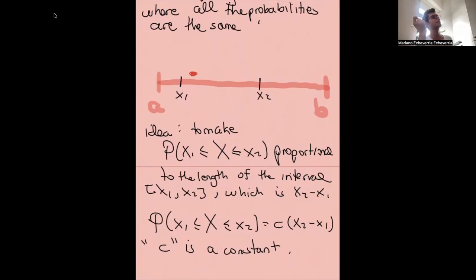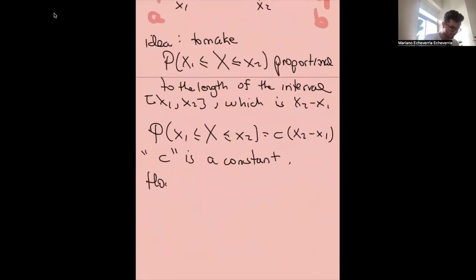So the first thing you have to ask is how would you find this constant. This is where we do need the interval to be finite, because if the interval is infinite, then the length is infinite, so you cannot make it proportional to the length because you'll get an infinity somewhere.